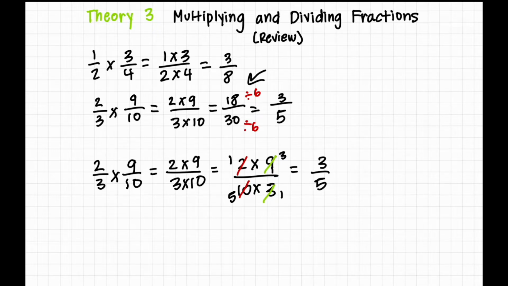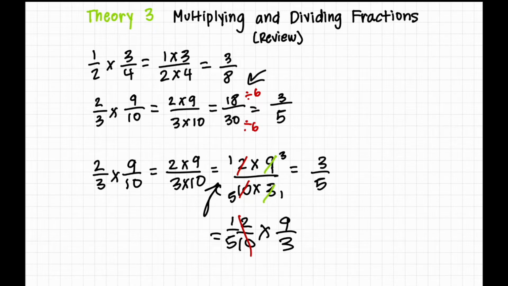We see 2/10 and 9/3, and this is equal to 2/10 times 9/3. So we essentially just cross it out and then make it 1/5. We're just simplifying before we multiply, which I think is a lot easier.